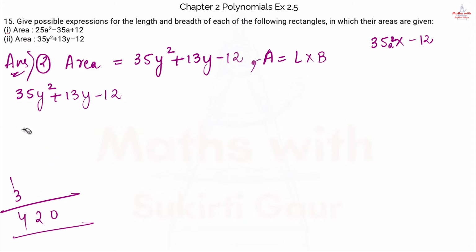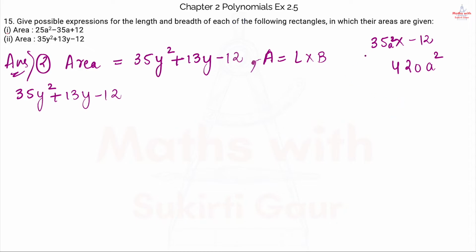Let me erase it because we will be doing the rest of the solution here. 420y square, and that is in negative because we had 12 in negative, right? So we want two numbers here, such that the product should be minus 420y square, but the sum should be the middle term, that is plus 13y here.